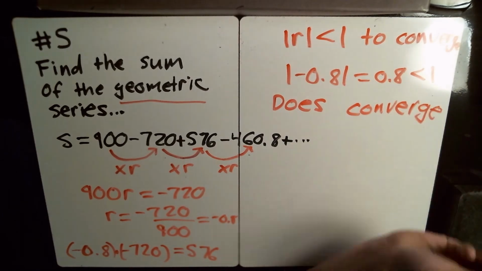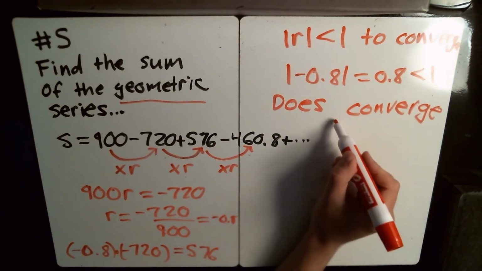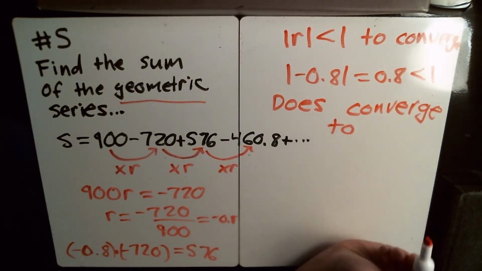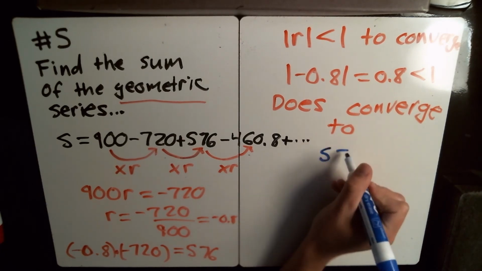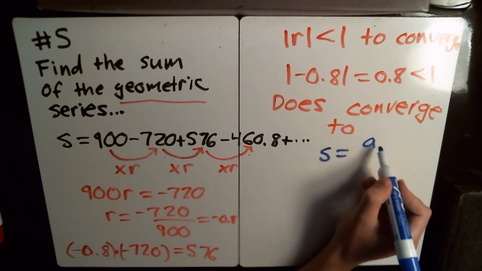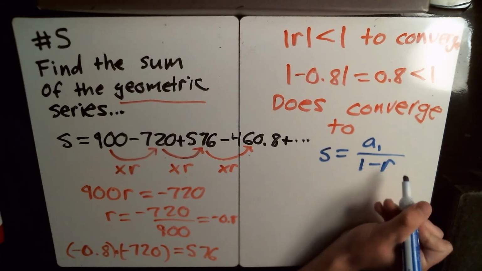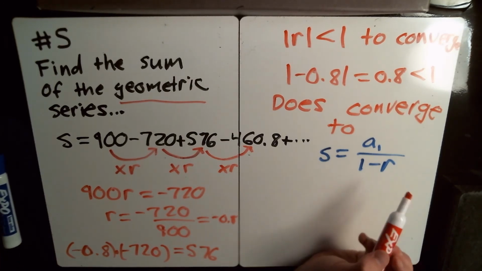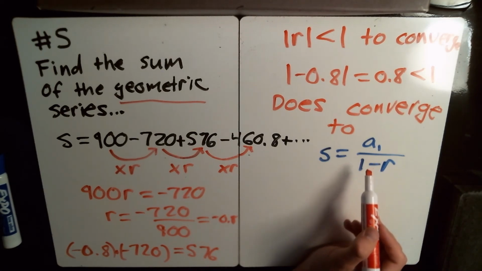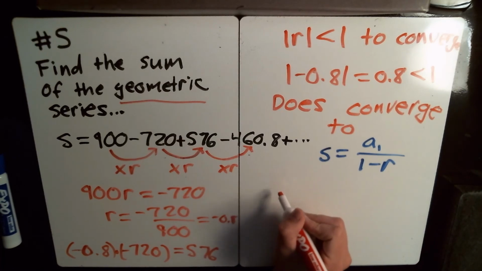Now, what does it converge to? Well, one of the formulas on your formula sheet is this formula: S is equal to A1 divided by 1 minus r. This is what it converges to when it does converge, so when the absolute value of r is less than 1. We just take r and plug it into this equation.